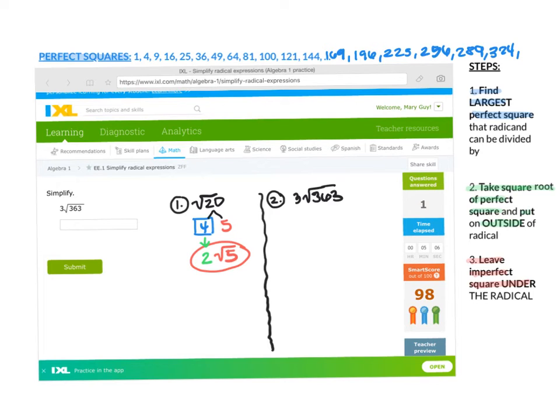And then 19 squared would be 361. And then I bet after this one, of course, we're going to get to a number that's greater than that. So we don't need to go any further.